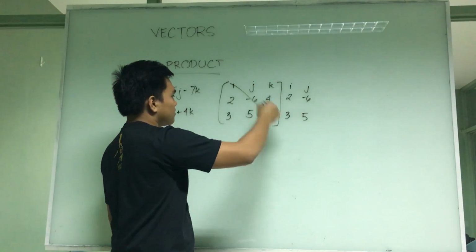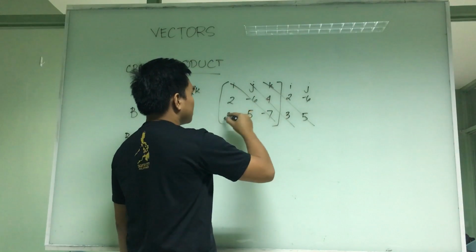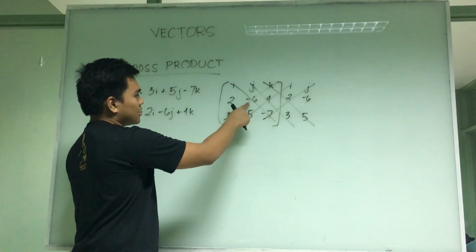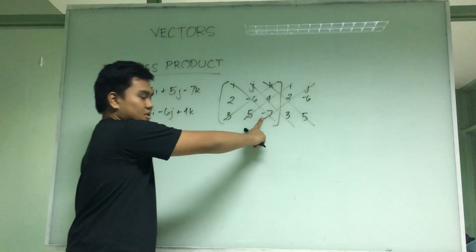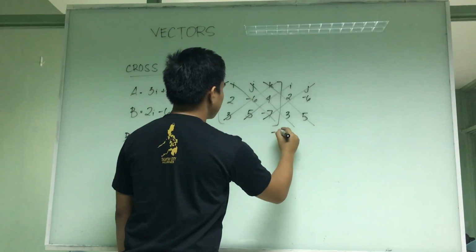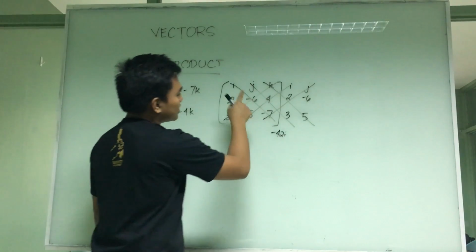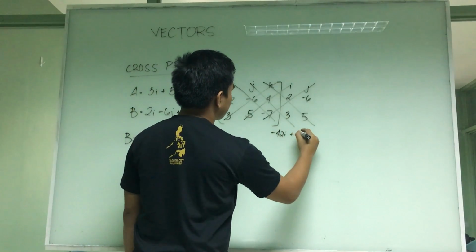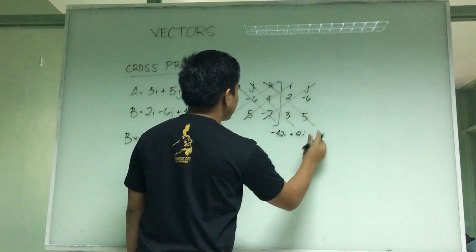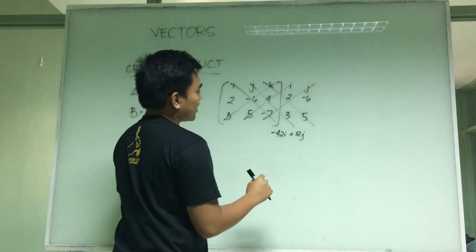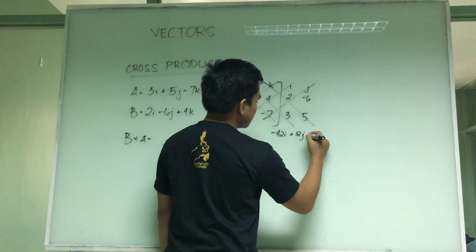Negative 6 times 7 is negative 42i. 4 times 3 times j is 12j. 5 times 2 times k is 10k.